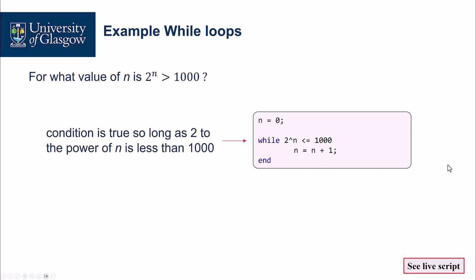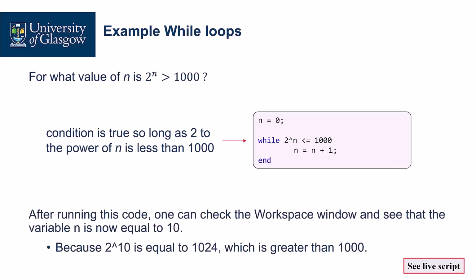So the condition is true as long as 2 to the power of n is not greater than 1000. After running this code, you will find in the workspace n equals 10. This is easy to verify: 2 to the power of 10 equals 1024, which is greater than 1000.